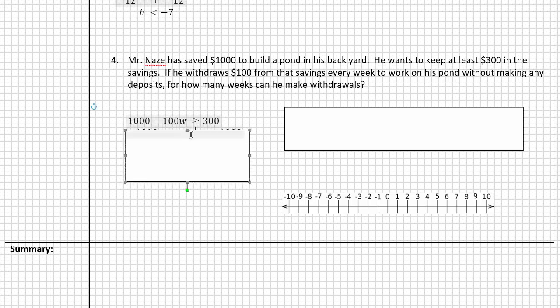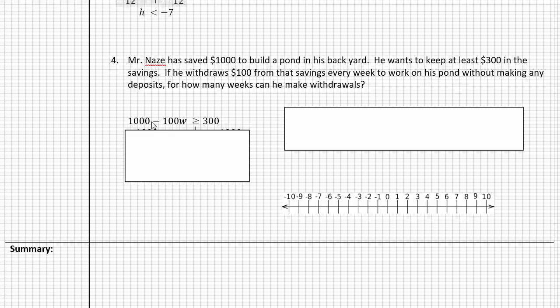The inequality that I wrote in this problem is 1,000 minus 100w is greater than or equal to 300. Let's talk about why that works. So here's that $1,000 that he saved, and he's withdrawing $100 per week to work on that pond.